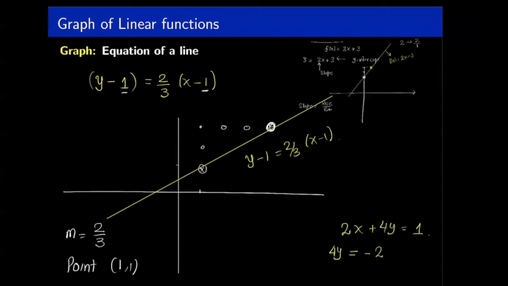So in this case, if I add -2x on both sides, I will get minus 2x plus 1 on the other side, and then I will divide by 4. So I'm going to get 1/2 x plus 1/4. So this is now a slope-intercept form, and I can use the first method to plot that function.